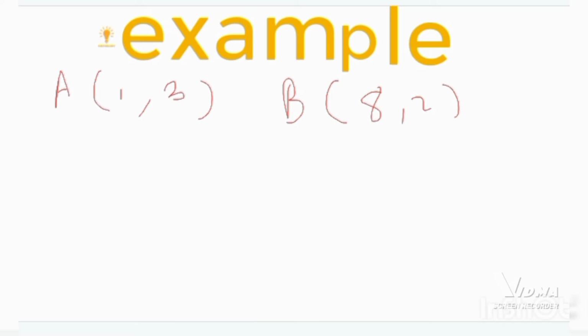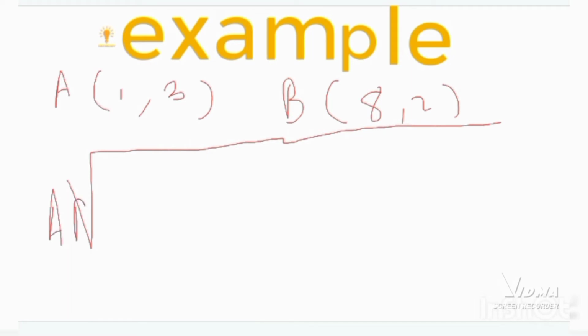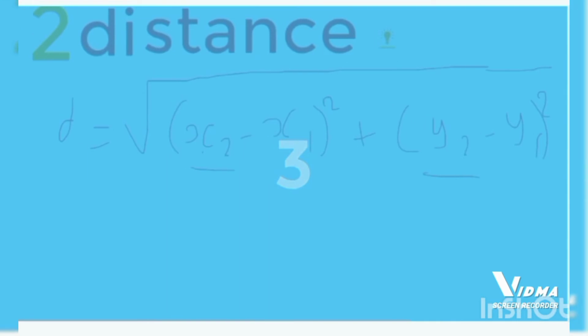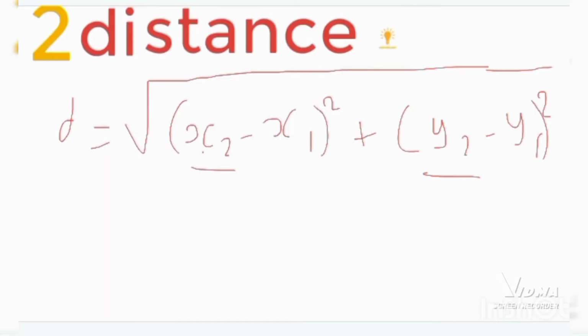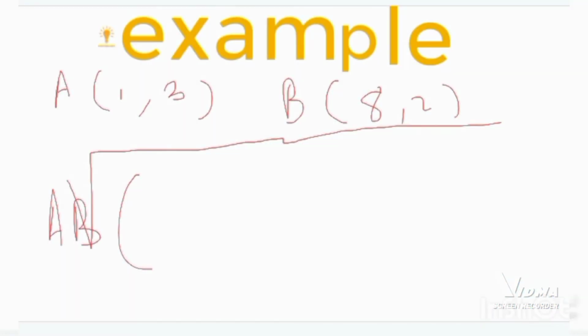What I meant by starting with the same letters is, when you write your formula, remember your formula: the square root of x2 minus x1 squared plus y2 minus y1 squared.